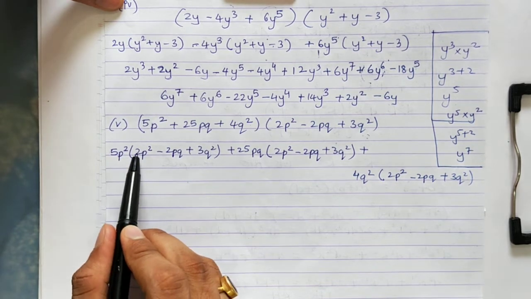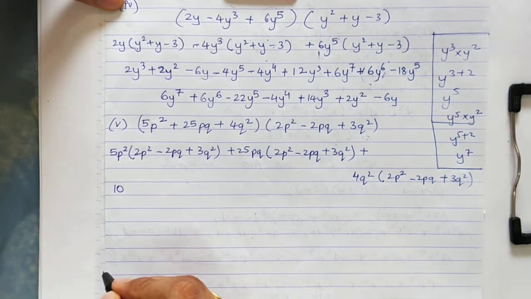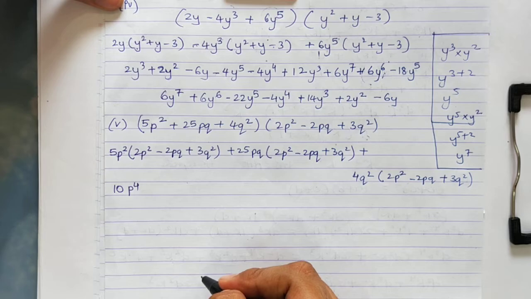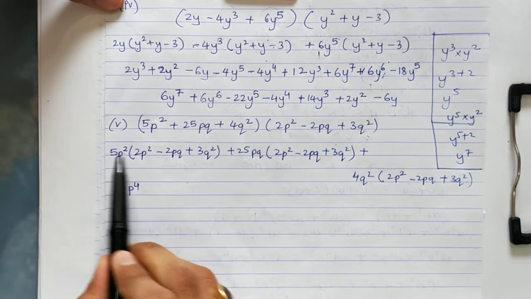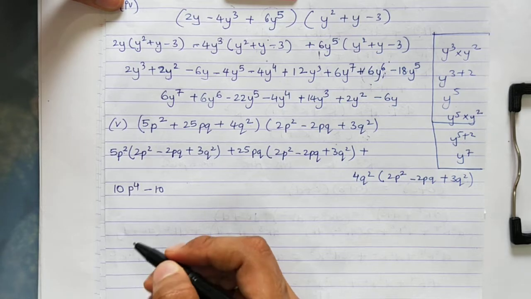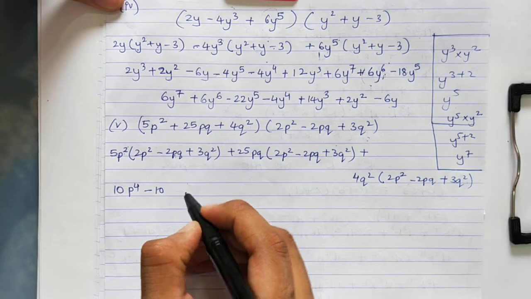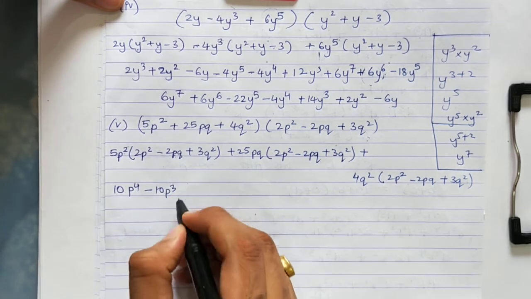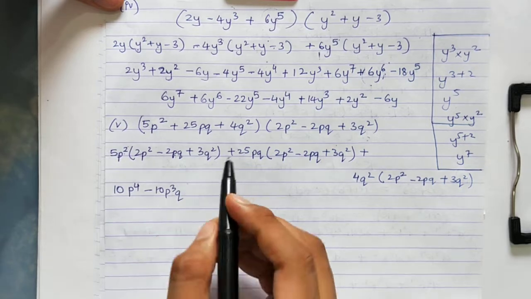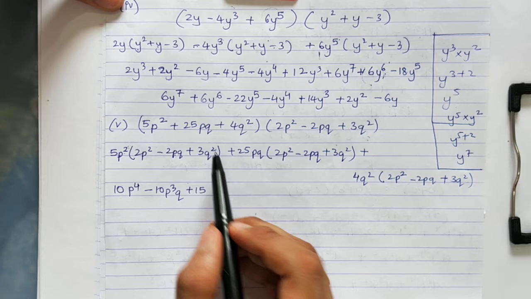5p square into 2p square. 5 into 2 is 10, p square into p square, p4. Then 5 into minus 2, minus 10, p square into p cube, and this q will also come. 5 into 3, 15, p square into q square.